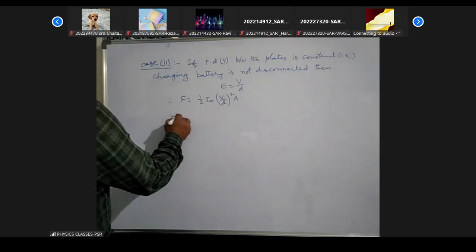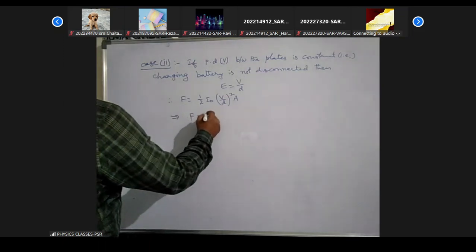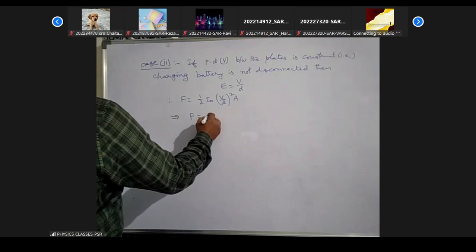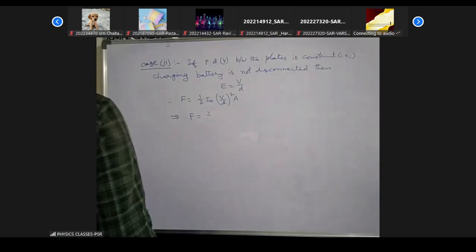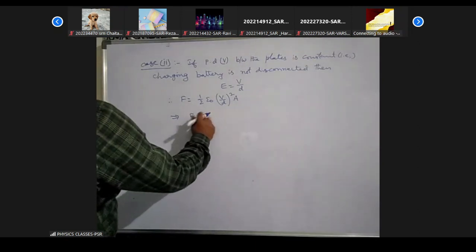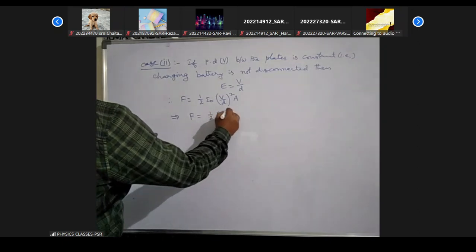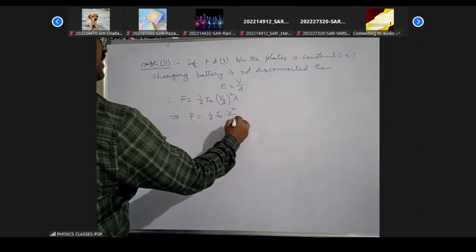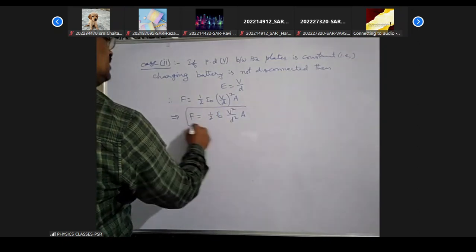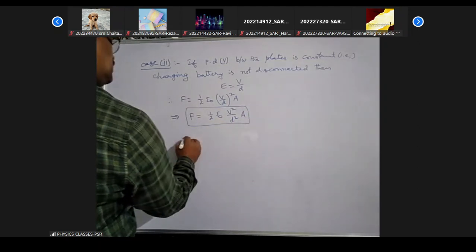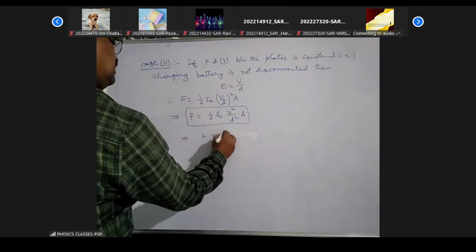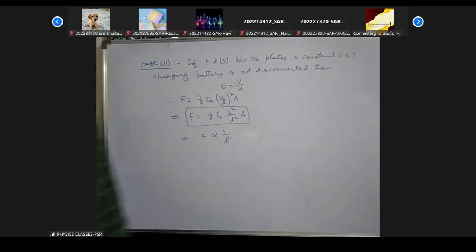So this implies F is equal to half epsilon naught V square by D square into A. This is the formula. This implies F is directly proportional to 1 by D square.